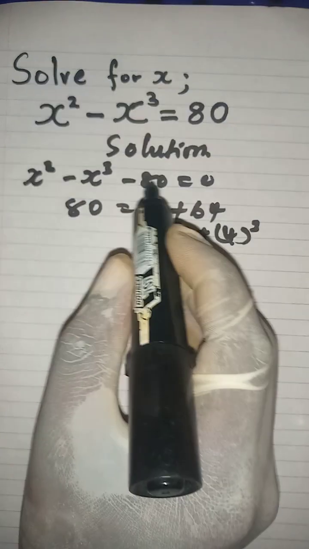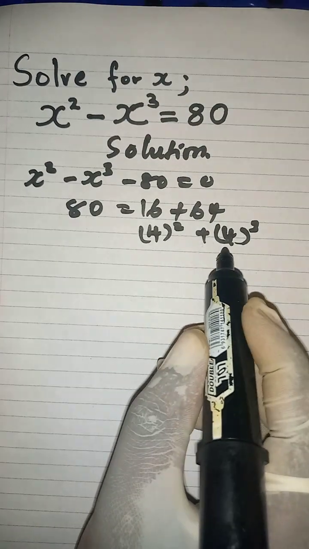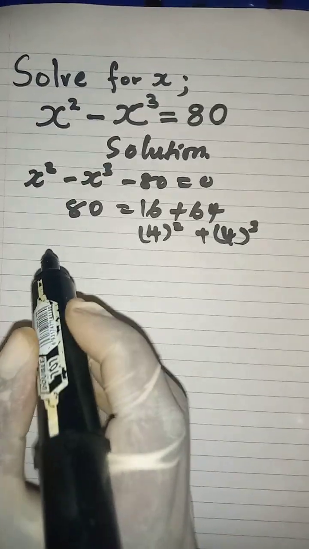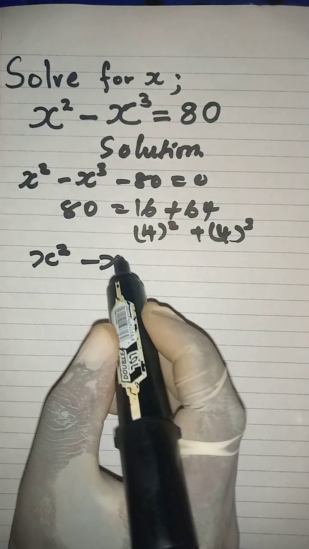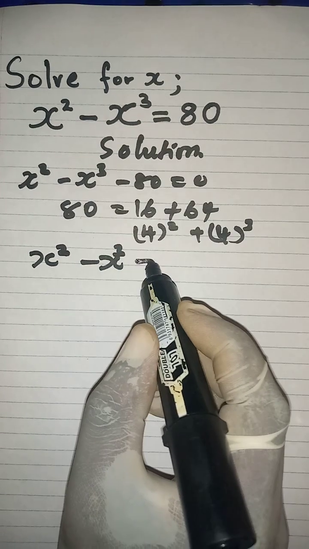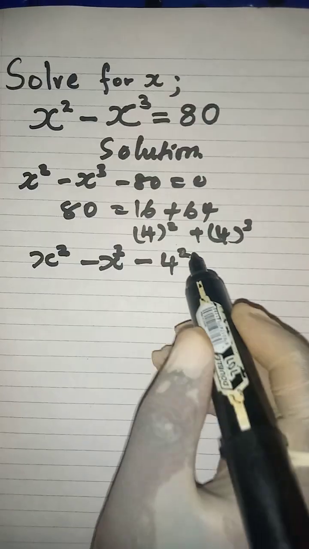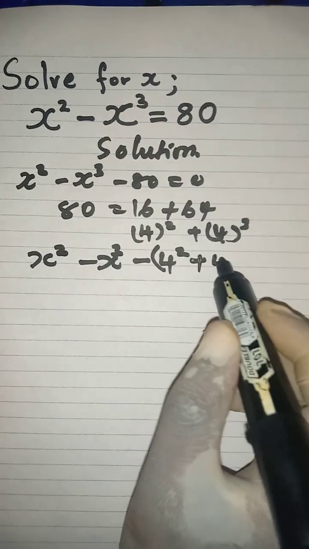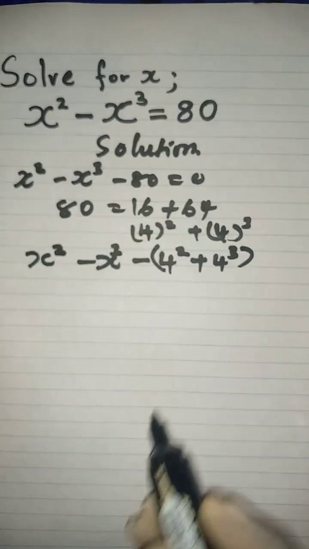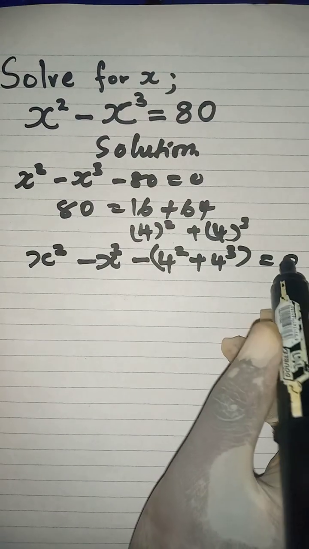So now I'm going to replace 80 with 4 squared and 4 cubed. So it changes to x squared minus x cubed minus, in a bracket, 4 squared plus 4 cubed, equals 0.